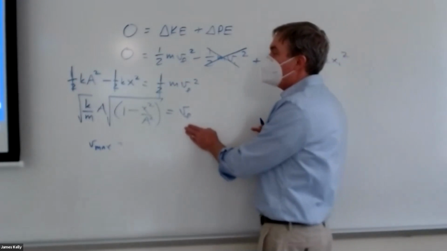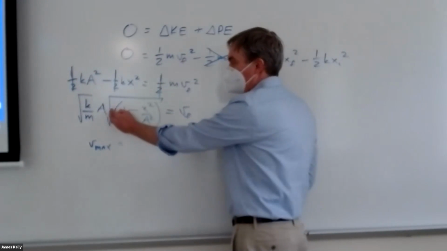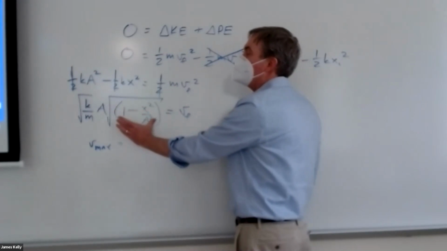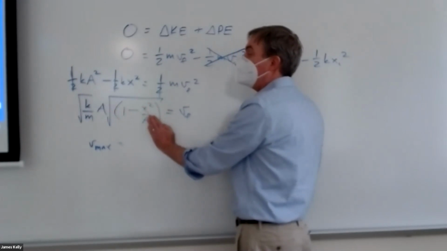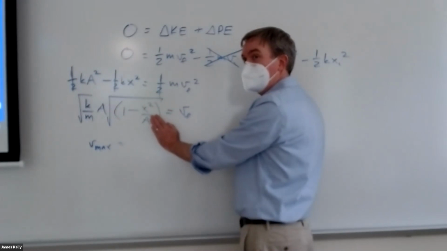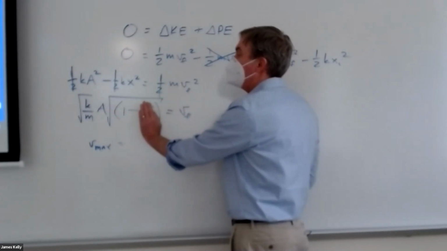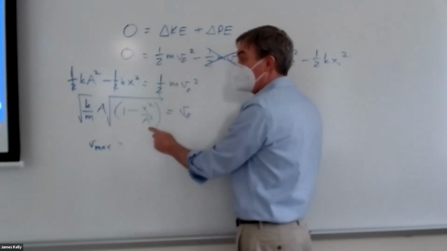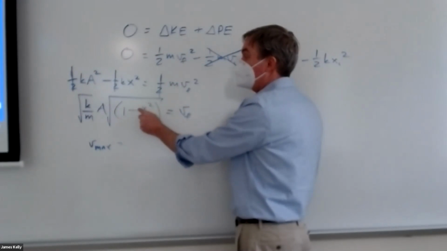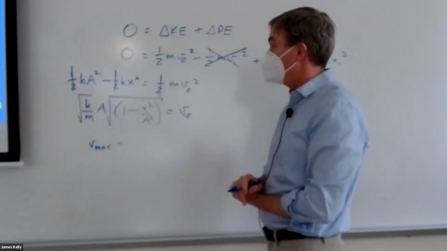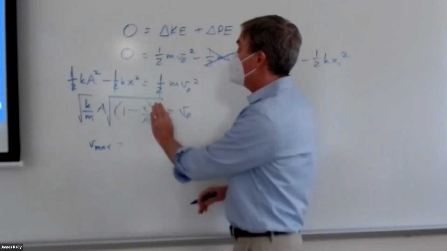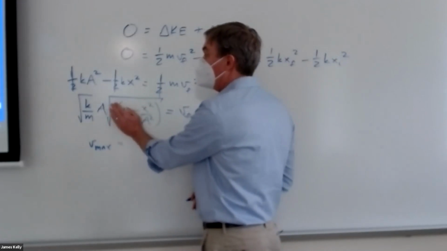The maximum speed is going to be when, well, we're taking the square root of something here. We want to make this thing we're taking the square root of as big as possible. And to make it as big as possible, we want to subtract off the least amount possible. If you want to make something large, you want to subtract off something as little as possible. And since everything's being squared here, the way to minimize this is just to make x equals 0. So when I plug in x equals 0, this is 0. I get the square root of 1, which is 1.